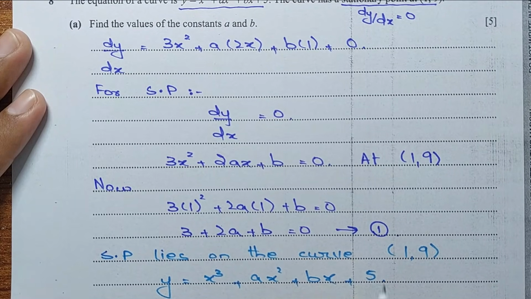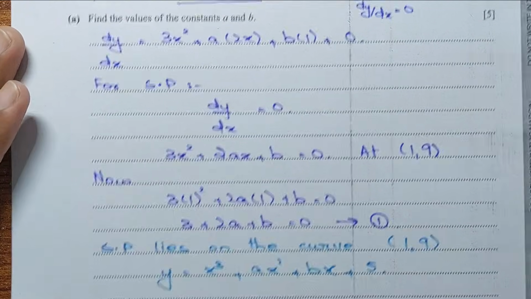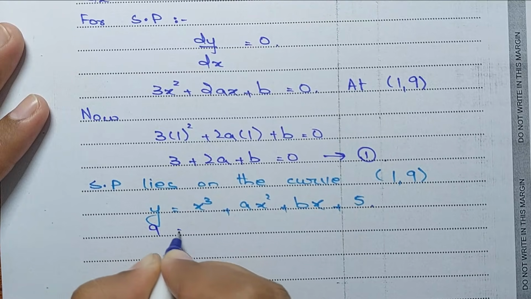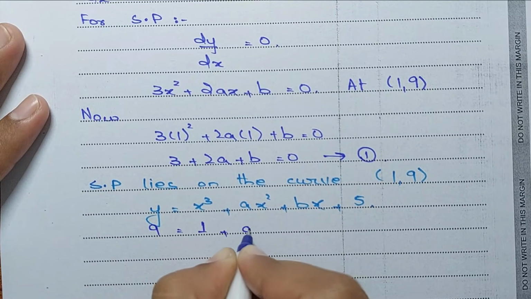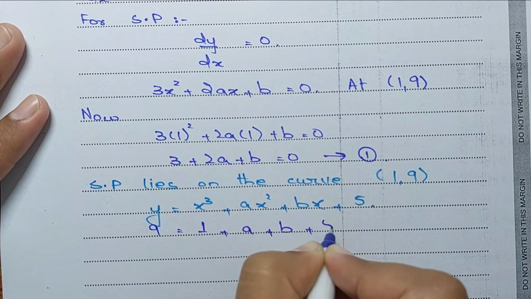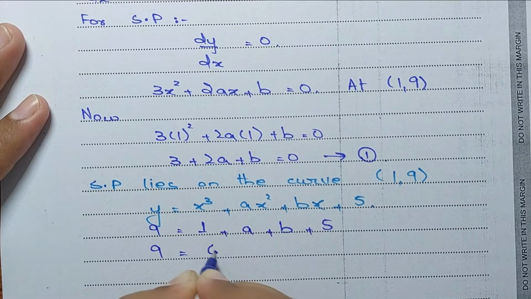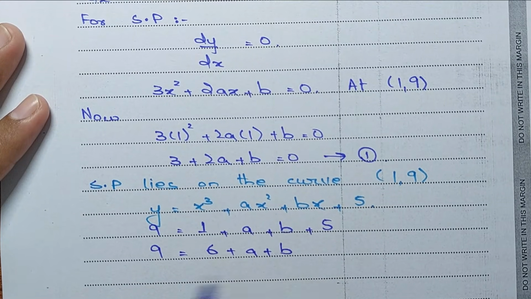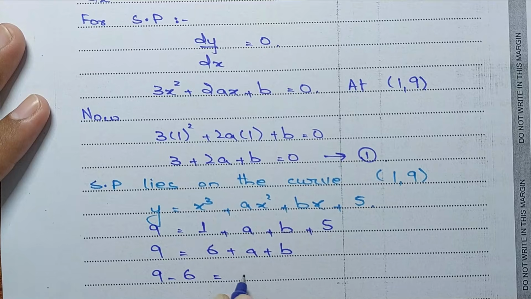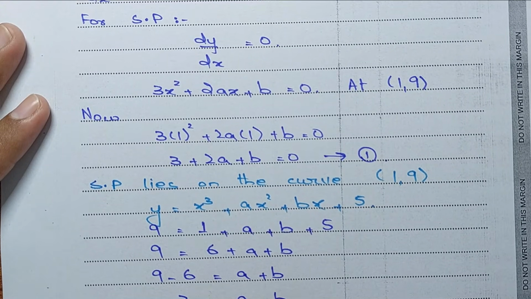Just substitute x is 1 and y is 9. So 9 equals 1 plus a plus b plus 5. So 9 equals 6 plus a plus b. From 9 take away 6, 3 equals a plus b. That is my second equation.